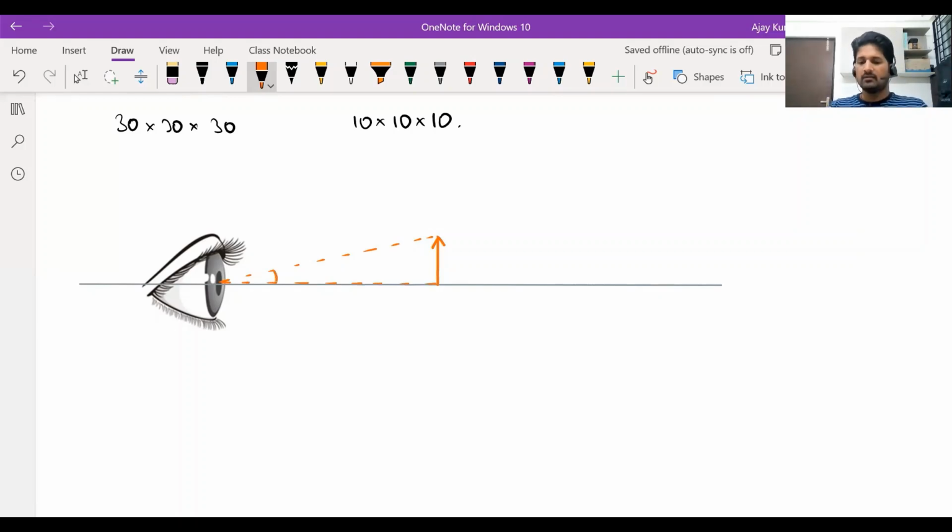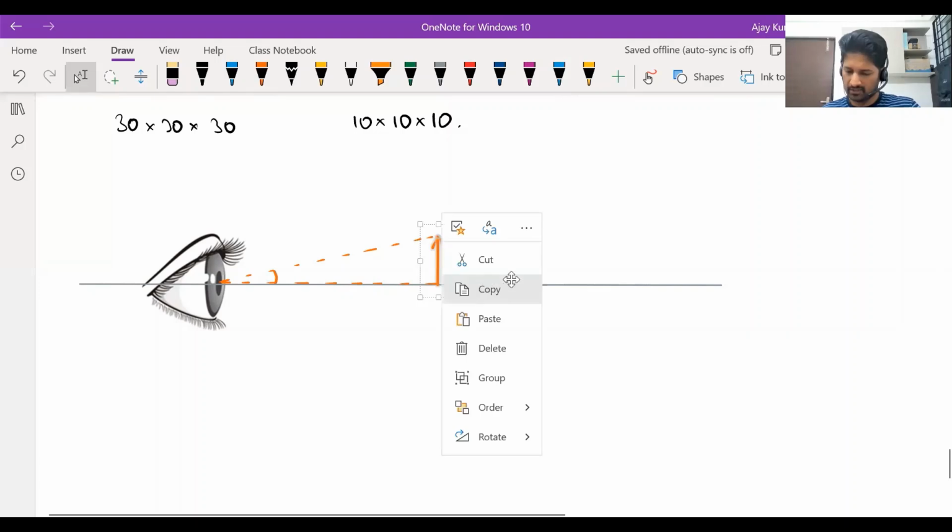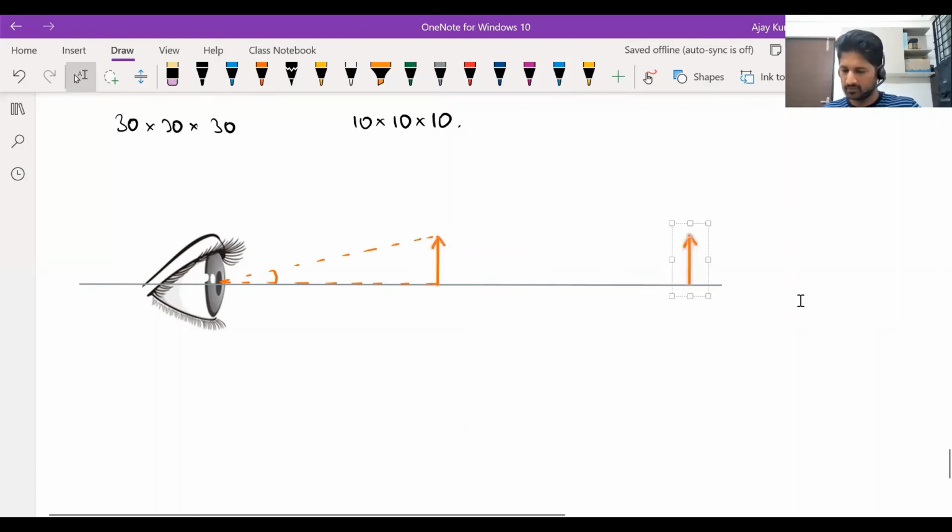Whether an object appears big to you or small to you depends on this angle. The same object, if it's taken far away from you, it subtends a smaller angle at a single point of your eye. That's why it appears smaller as it goes away from you. You can visualize it forms a smaller angle. It's not very difficult to imagine, right?